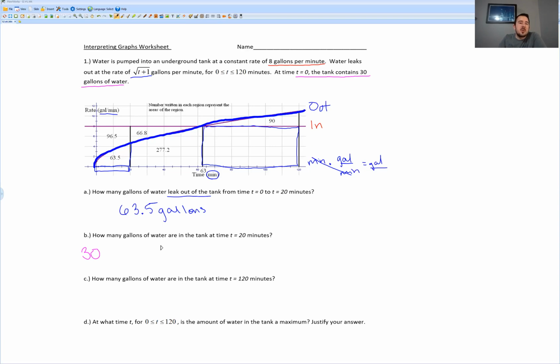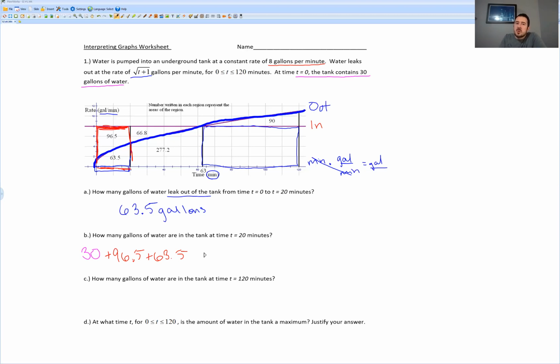I initially had 30 gallons. How much went in? If I look at my in function, that's this function, and I would want any of the area underneath that. So I would take 96.5 and add that, because that's water being pumped in, and 63.5 and add that, because that is also still underneath this red function, the in function.